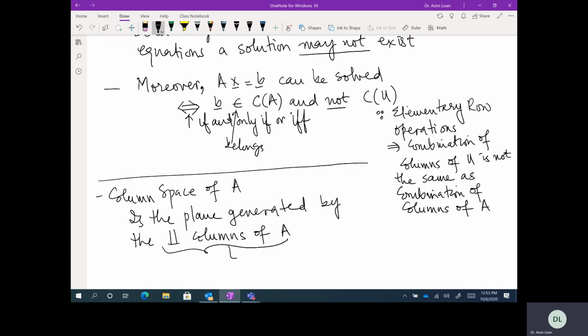Independent columns of A are the columns that correspond to columns with pivots in U.